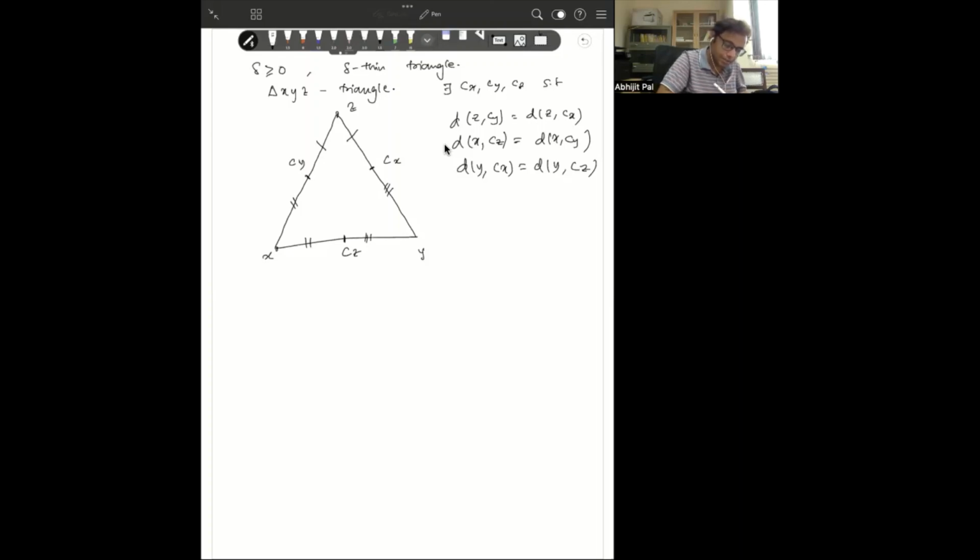So now this triangle XYZ is said to be delta thin if I take any point here.